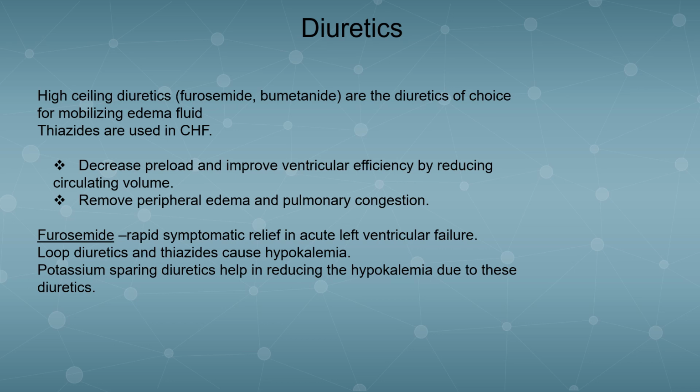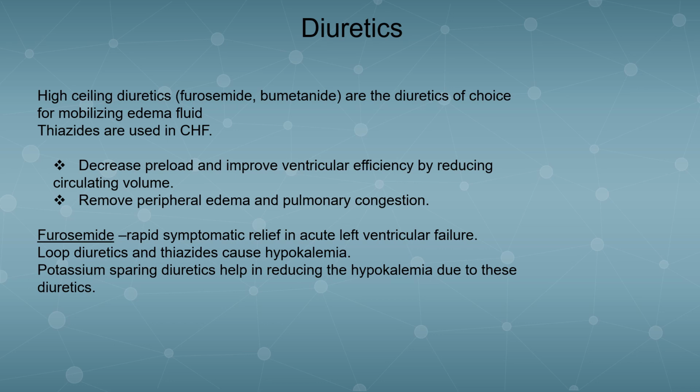Basically, the role of these drugs is to decrease the preload and to improve ventricular efficiency by reducing the circulating volume. It is also going to remove the peripheral edema and congestion, like pulmonary congestion. So you have high ceiling diuretics, furosemide, bumetanide, torsemide, and thiazides, hydrochlorothiazide, chlorothiazide.